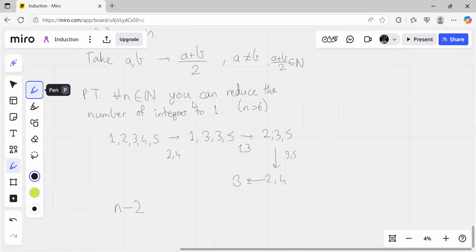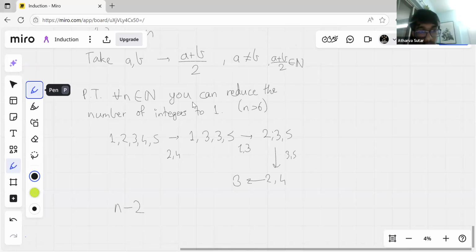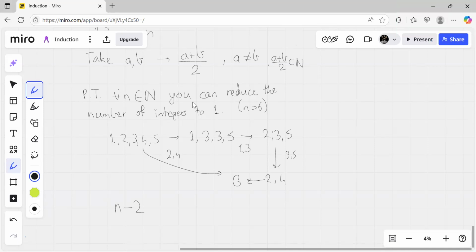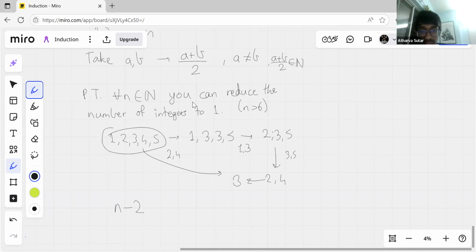Don't get it? For example, 1, 2, 3, 4, 5. At the end, the last integer on the board is going to be 3, right? So you have basically reduced this to a single integer, 3, and that is 5 minus 2.